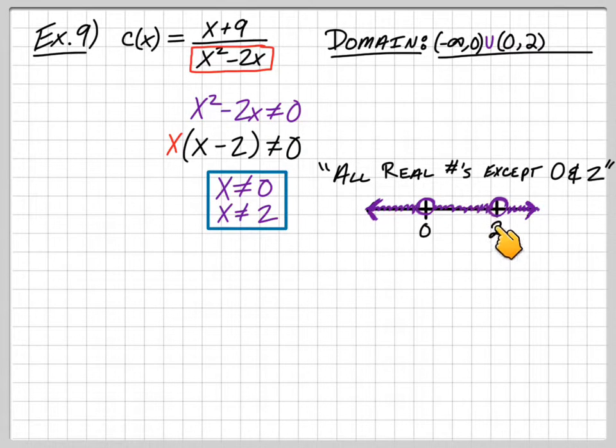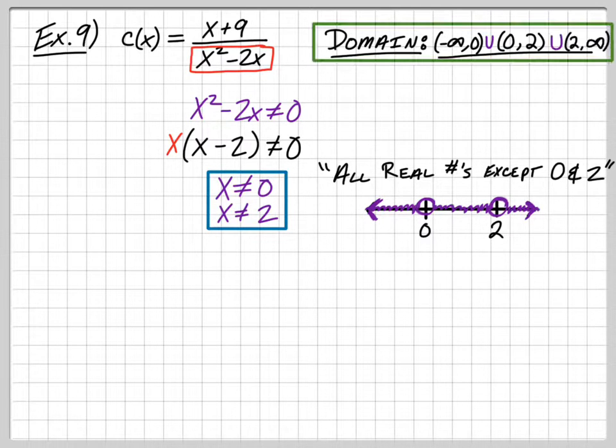Then you've got another break here at 2. So that's union with the piece everything above 2, so 2 to infinity. 2 to infinity and beyond. So that is our answer for domain. Notice it got broken up twice, so it split into 3 pieces. But that's our solution for domain here.